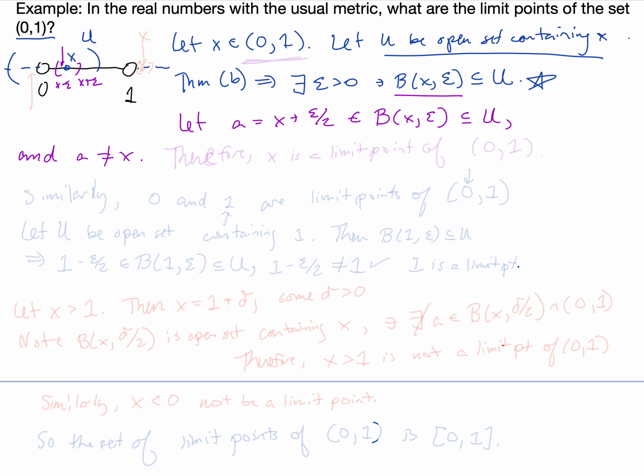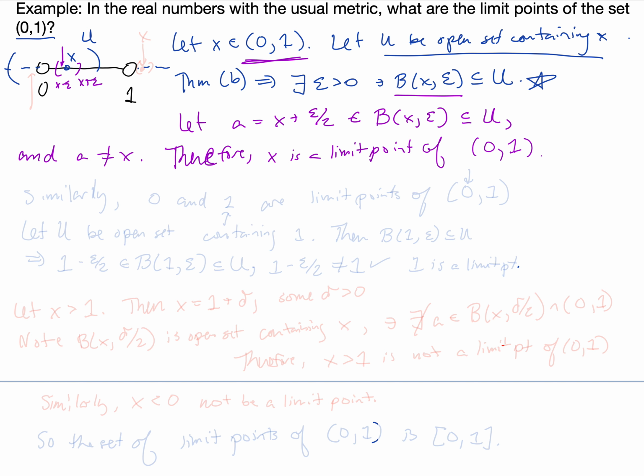So this tells us that, for any arbitrary open set, there is some element other than x itself that is contained in this set that we're trying to find the limit points of. And therefore, x is a limit point of the set (0, 1).